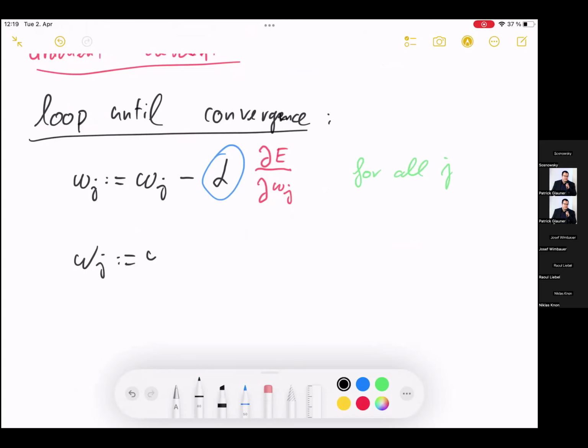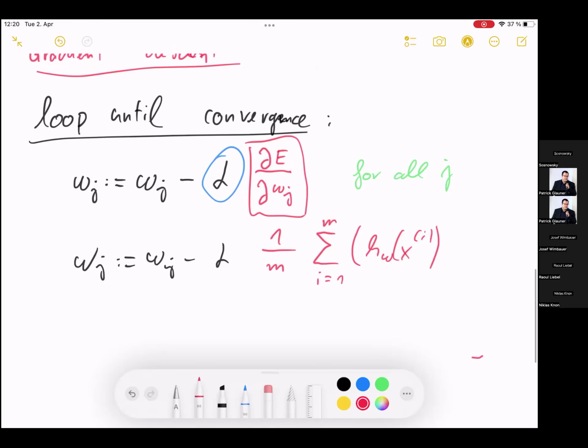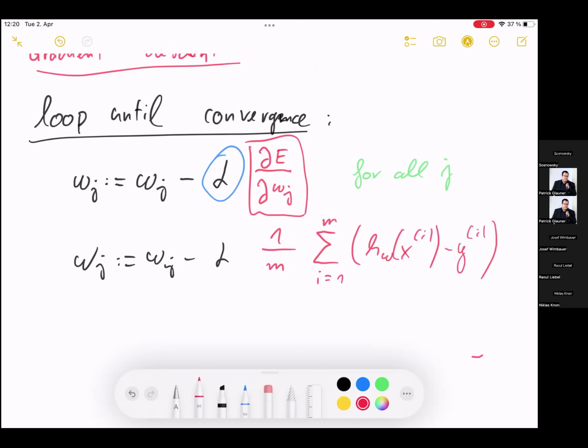So for my linear regression, this would be minus alpha, and then this term here will become more concrete. Concretely, I will do 1 divided by m times the sum of i from 1 to m. I have my hypothesis for the example x^(i). I have the label, and I multiply this with x_j^(i).